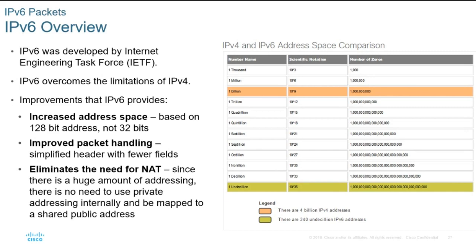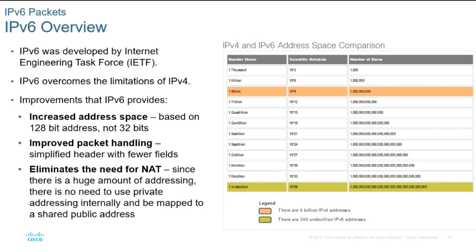And it eliminates the need for NAT. With such a large number of public IPv6 addresses, the translation between private IPv4 addresses and public IPv4 addresses is not needed. Yan. So ito yung ano naman ng IPv6.